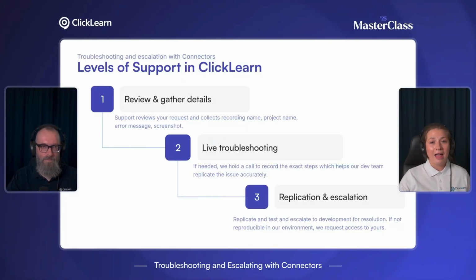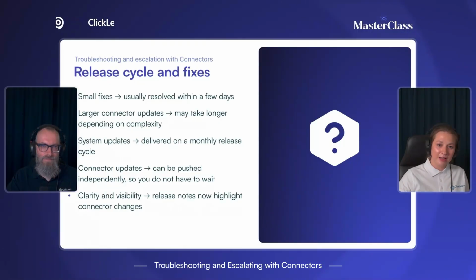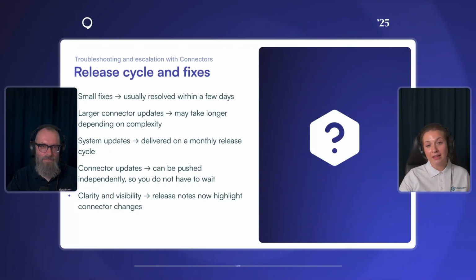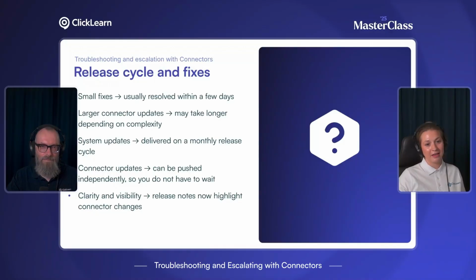And I can tell you that if we had a magic wand, we'd solve every single issue in a split second. But in reality, behind every business process, there's an even more complex back end, which doesn't allow us to fix issues so quickly. And that brings me to the topic of our release cycle and our bug resolution timelines.